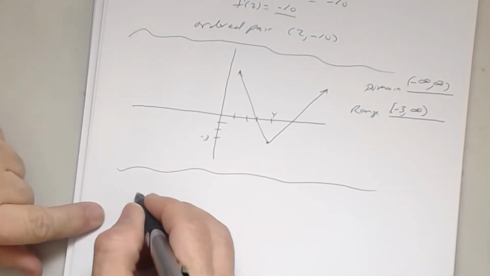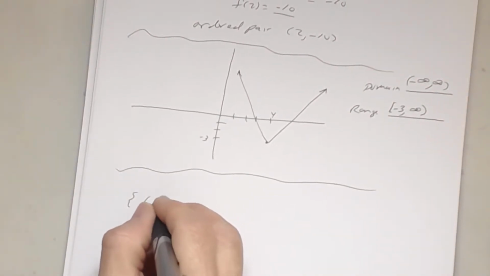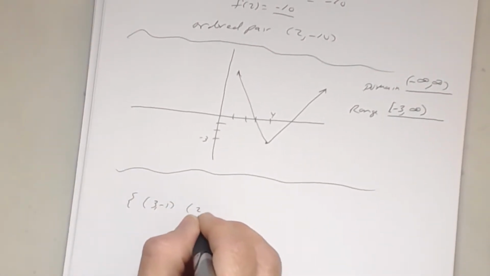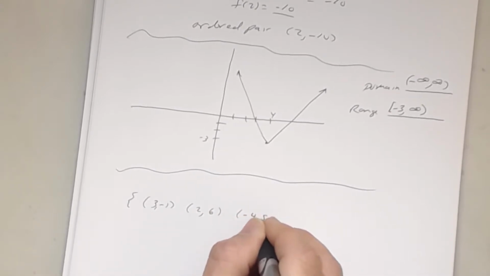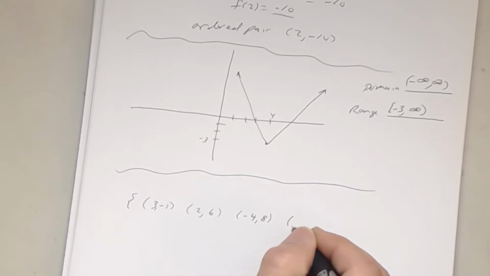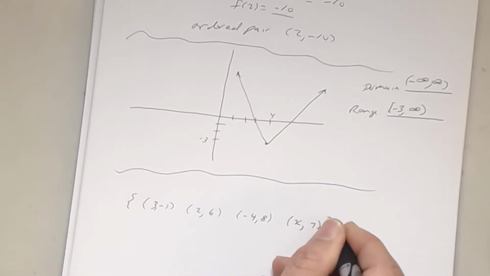I'm going to have this set of ordered pairs, and let's say there are 4 ordered pairs: (3, -1), (2, 6), (-4, 8), and then the last ordered pair in this set is (x, 7).